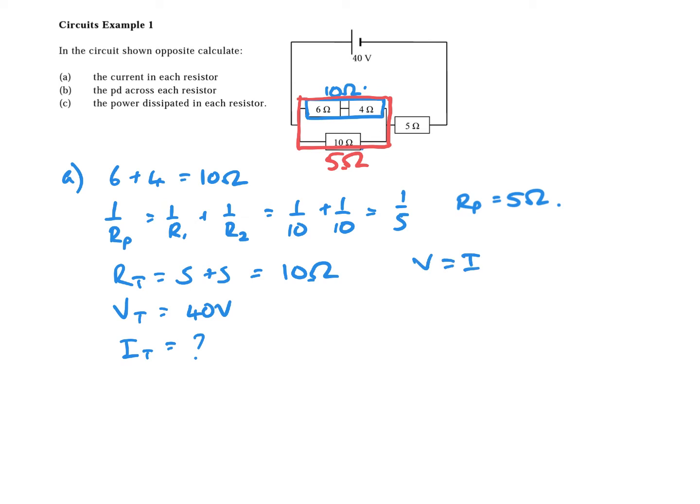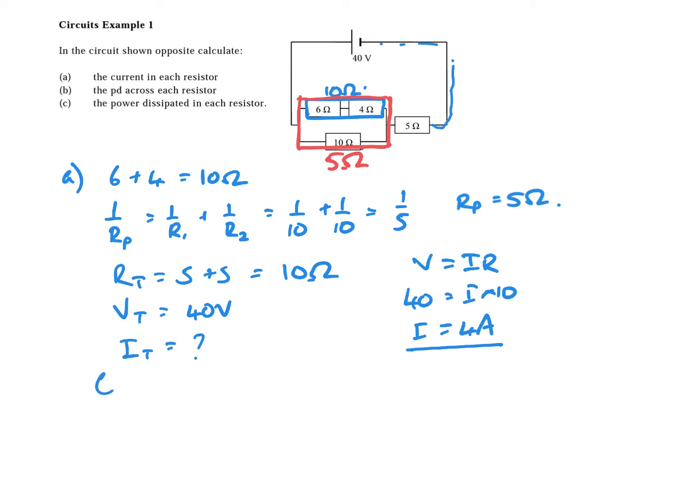Just V equals IR, 40 equals I times 10, and I get that current. Now that's the current coming from the battery, so that will also be the current then flowing through the 5 ohm resistor.